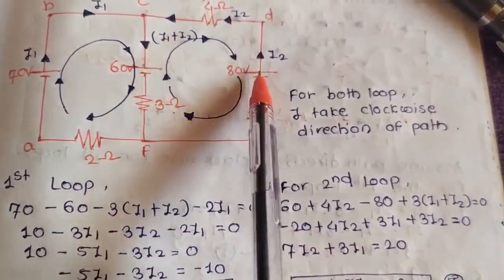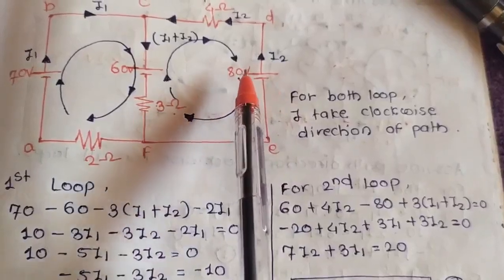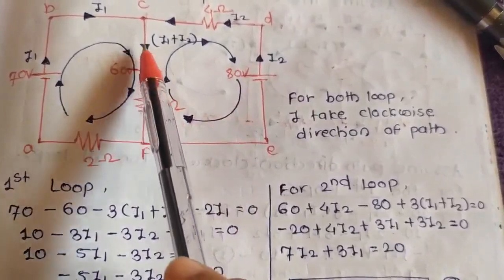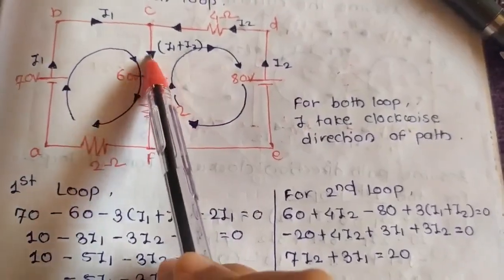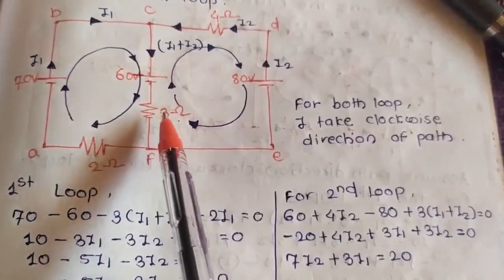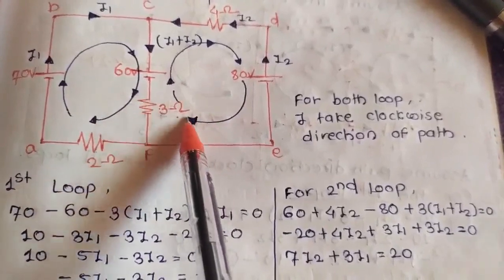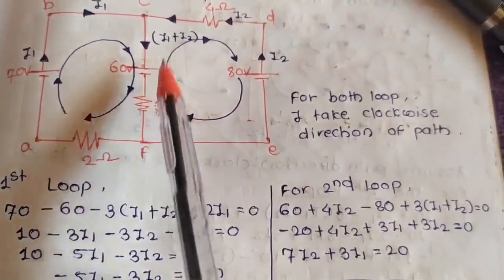Now on a cell, higher potential to lower potential means minus 80, and again we know that current is flowing in this direction, but this is opposite to the loop path direction. Then we get plus 3 into I1 plus I2.